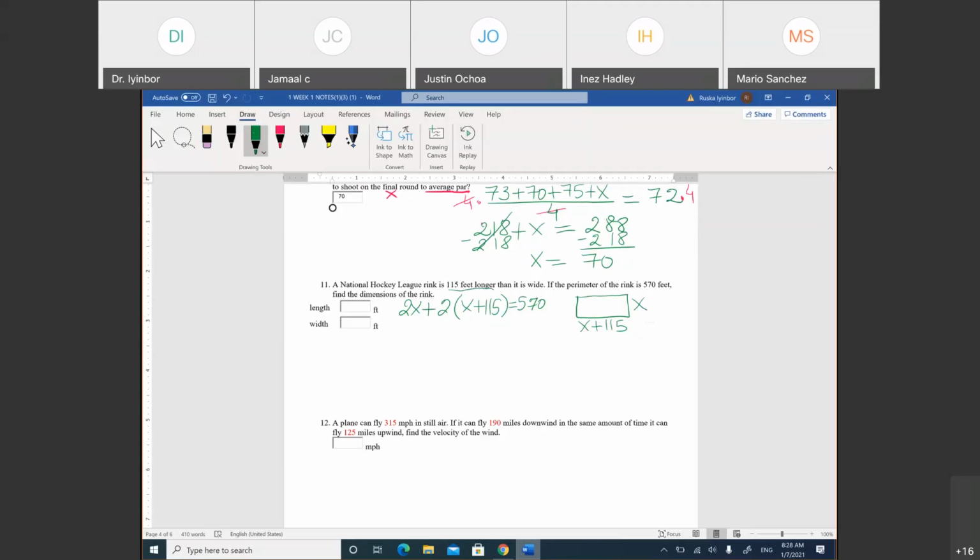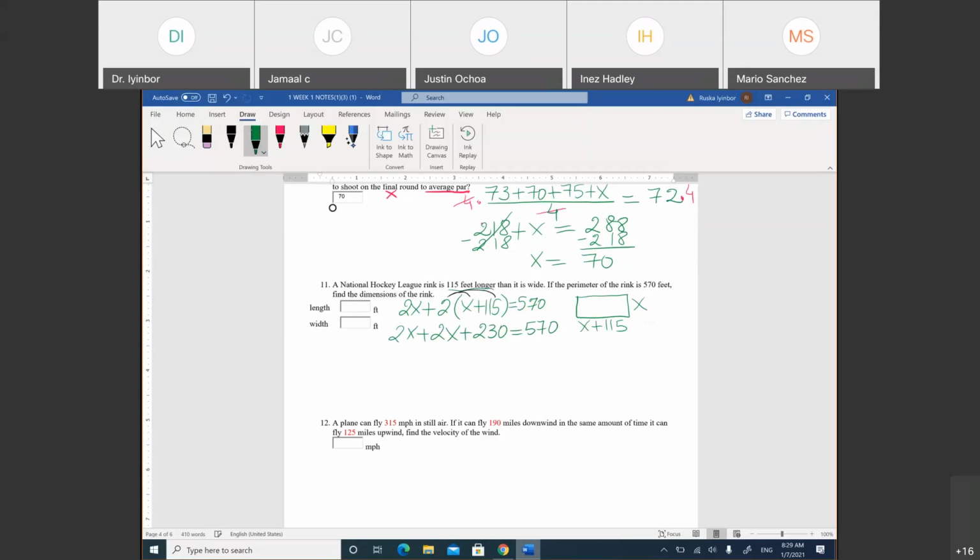You're going to distribute first. So I'm going to multiply 2 times X, 2 times 115. So I have 2X plus another 2X plus, what is 2 times 115, 230, right? Equals 570.